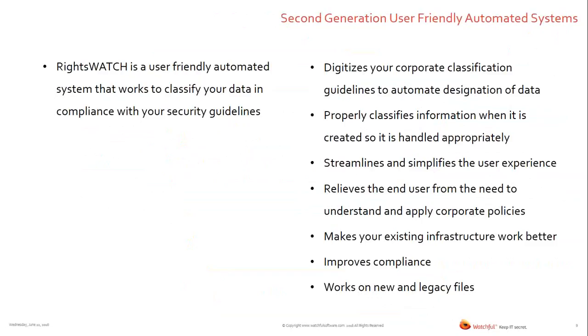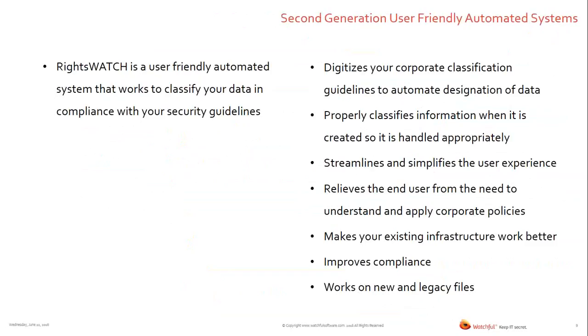There are second-generation products out there. RightsWATCH is this type of product. It's a user-friendly, automated system that works to classify your data in compliance with your security guidelines. It takes your corporate classification guidelines and digitizes them to automate designation of data.